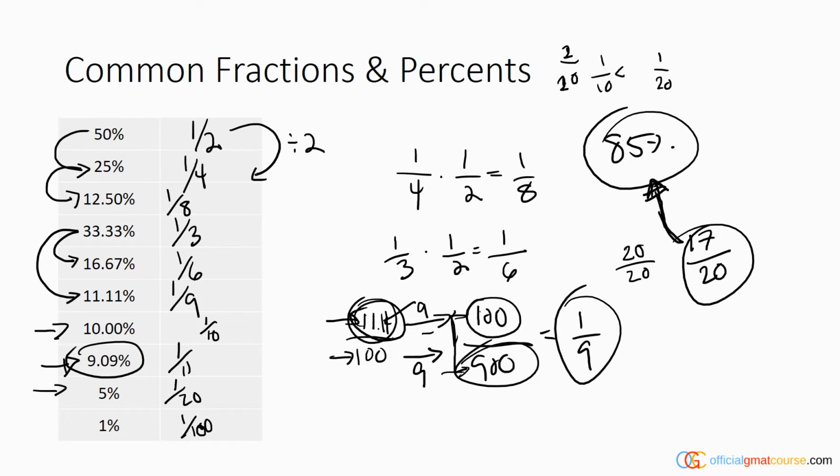If you know something is between these two numbers, then it could probably be expressed as 1 over something between 10 and 20, which is what we get here with the 11. And obviously it was pretty close to 10%, so the 11 is pretty close to 10 on the denominator as well. And that's how I think about fractions generally.